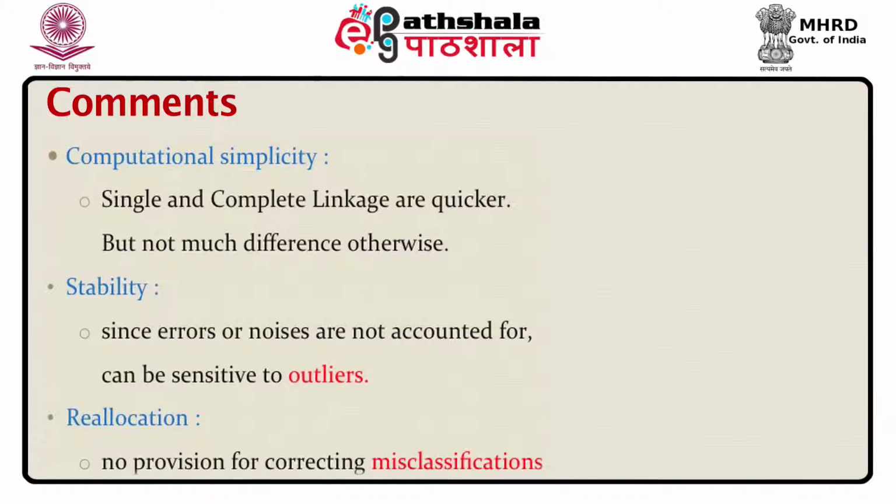So if by mistake one member gets allocated to a given cluster at an early stage, it cannot go back to another cluster at a later stage. So we have a problem of reallocation. This is one of the things that we need to be careful of when we look at agglomerative hierarchical clustering.